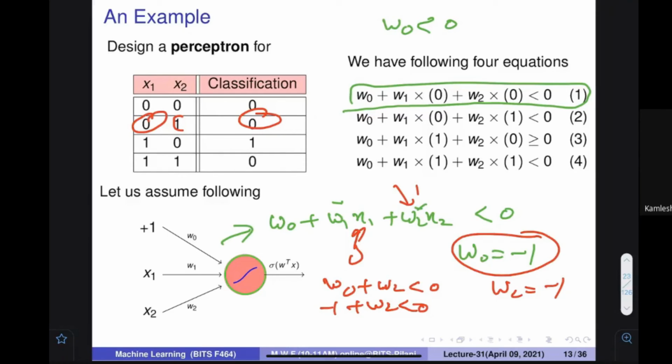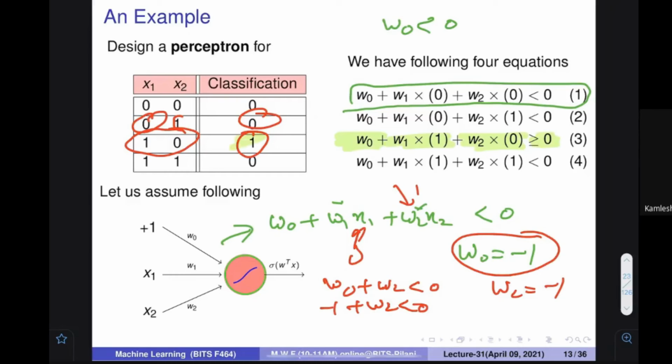Two values we have. See the third equation. It is 1 0, and it should be 1. So it says that W0 plus W1 into 1 plus W2 into 0 should be greater than 0.